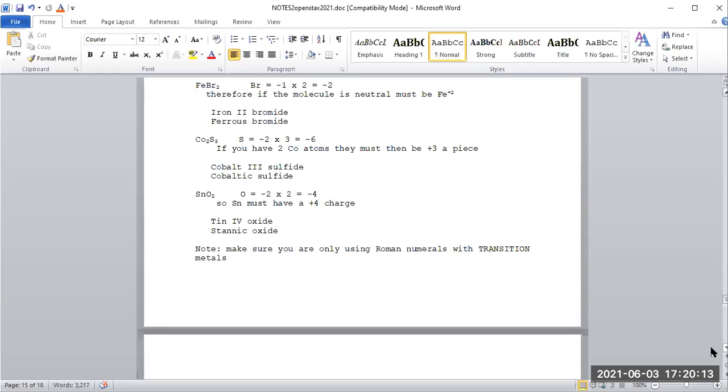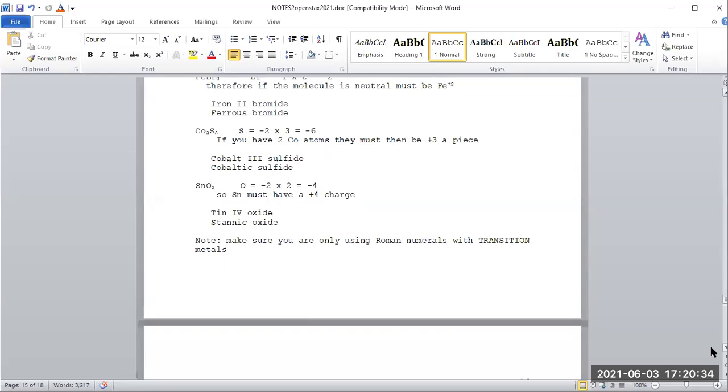It must be the +4 version. So I have tin 4 oxide, or I can call it stannic oxide. Don't mix and match. Don't call it stannic 4, okay? Stannic means that it has a +4 charge.